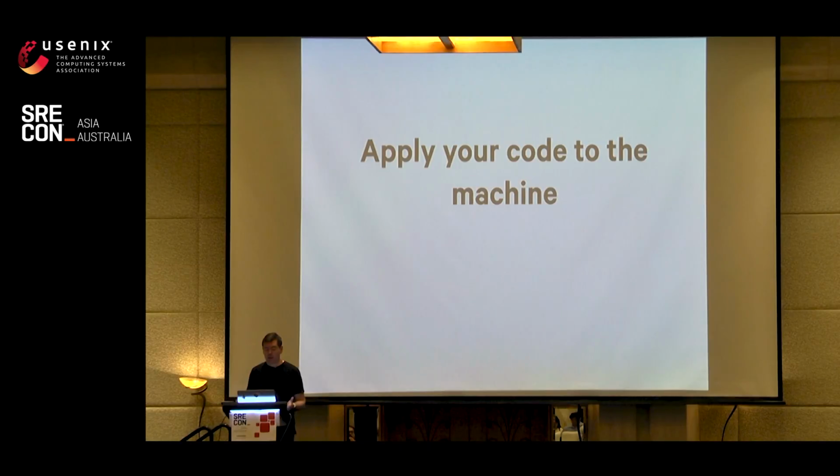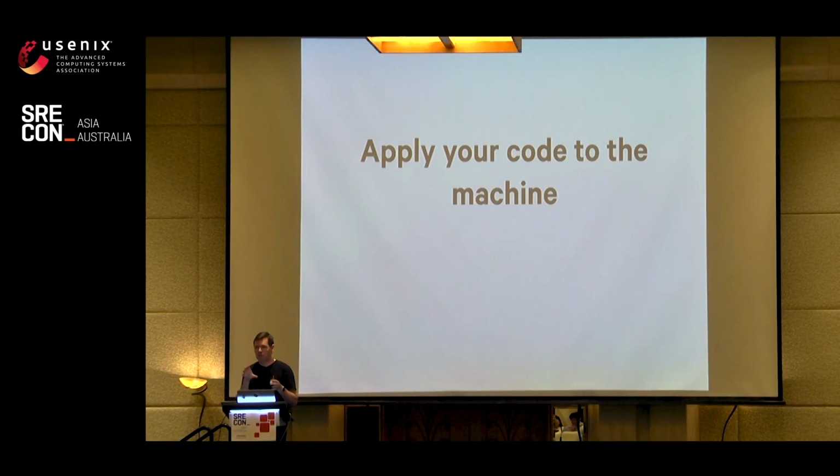Then you're going to want to apply the code to the machine. So applying your Salt, Puppet, Chef, Ansible, or whatever system on that machine with all of the code together, all of the classes that machine is going to have for its production use.